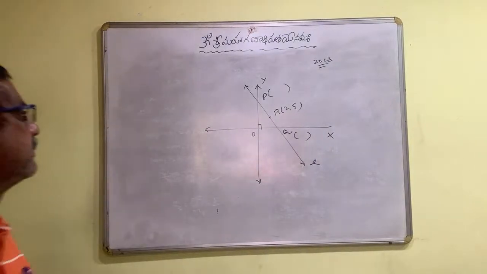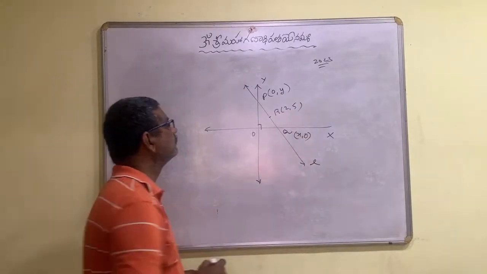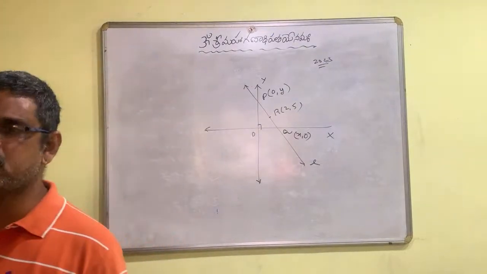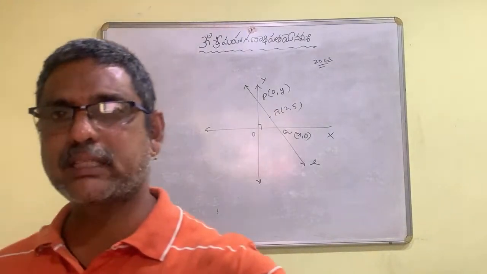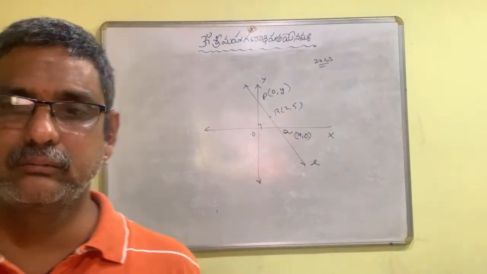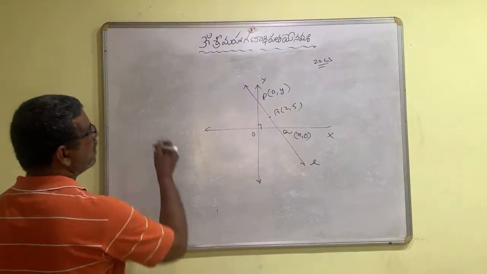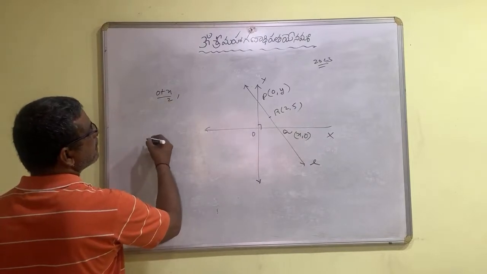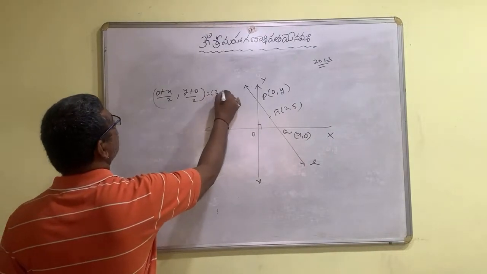Coordinates of P are (0, y), and coordinates of Q are (x, 0).